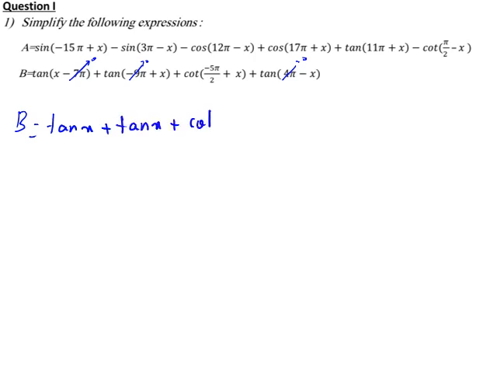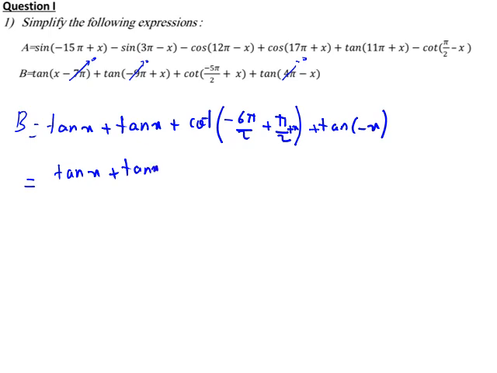plus cotangent of minus 5 pi over 2, it is minus 6 pi over 2 plus pi over 2 plus x, plus tangent of minus x, equal tangent x. Minus 6 pi over 2 is 3 pi, so it's 0.